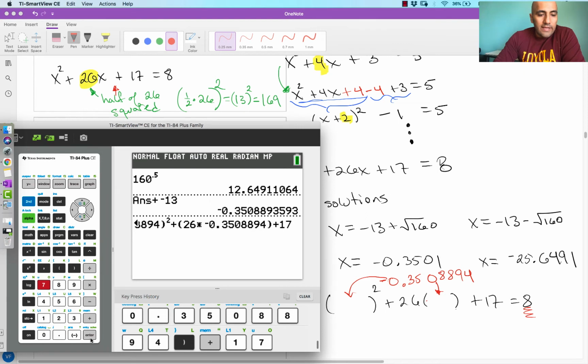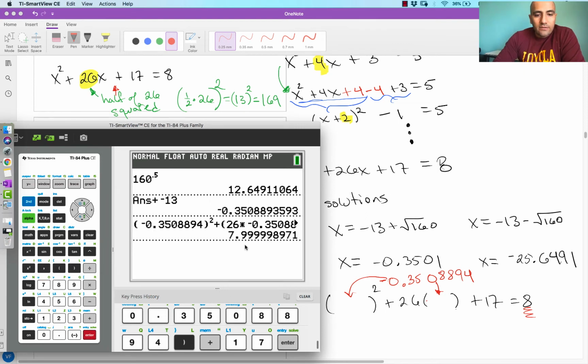So it should be a little closer to 8 now. Much closer to 8. So see, rounding has a pretty big impact.